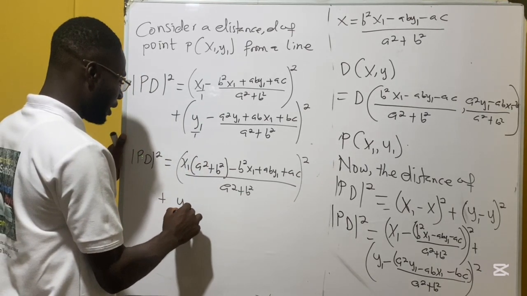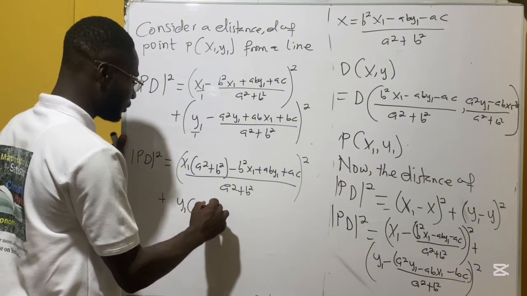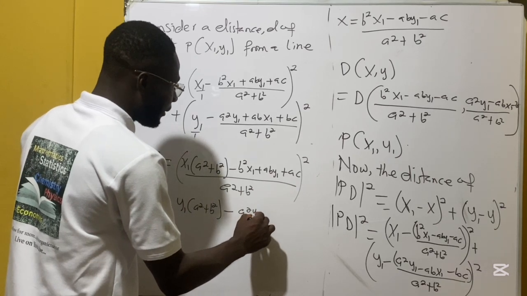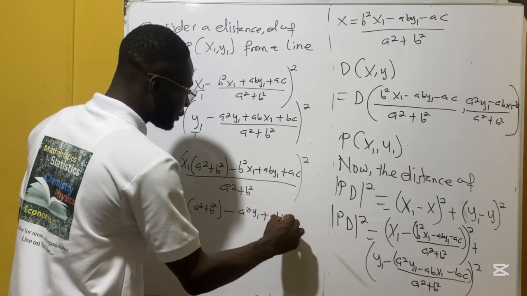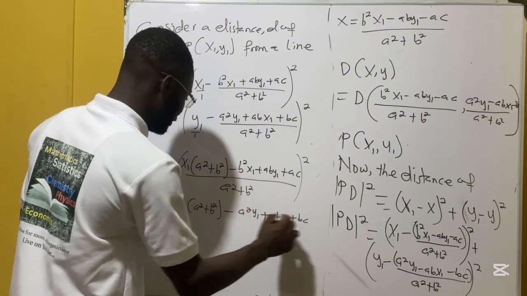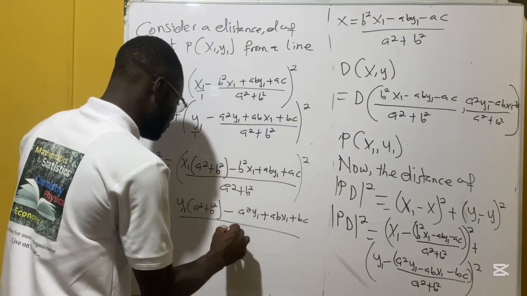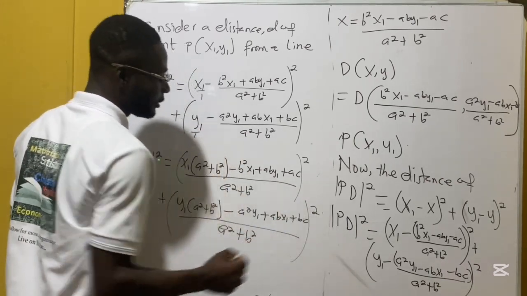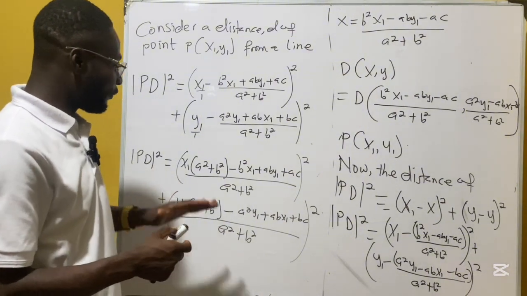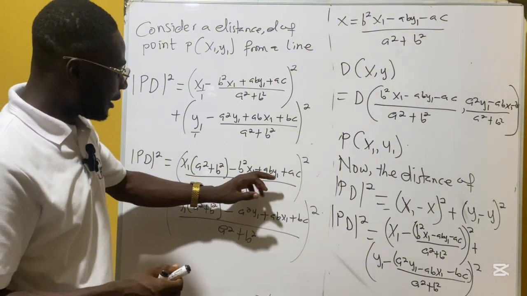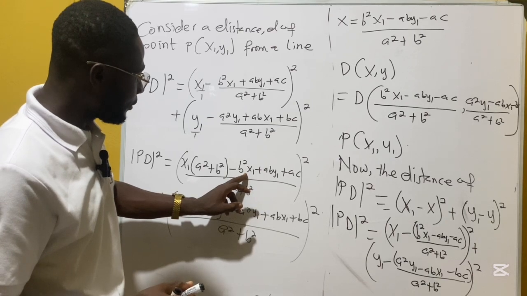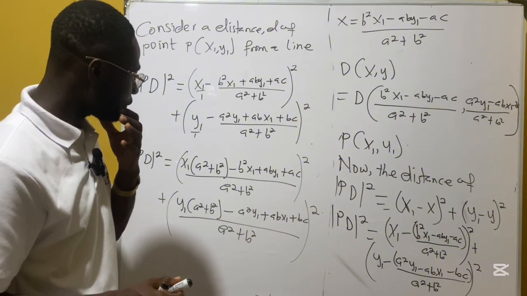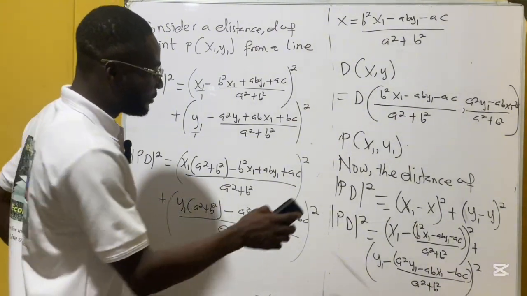Plus y1 into a squared plus b squared, minus a squared y1 plus ab x1 plus bc, all over a squared plus b squared. And this is all squared, right? So from here, we can see that we can do some factorization in here, right? So let's try to do more simplification, right?